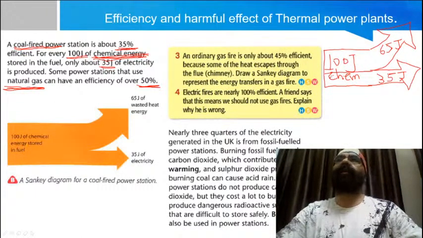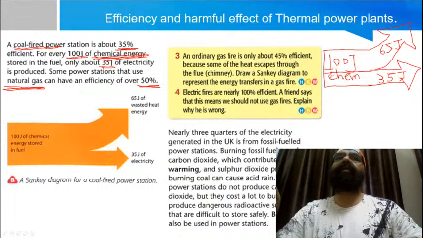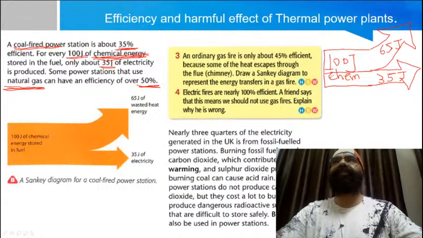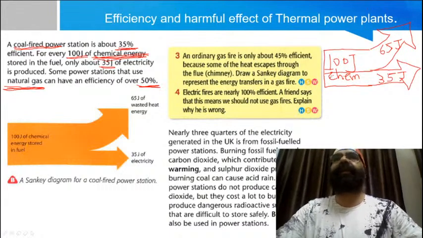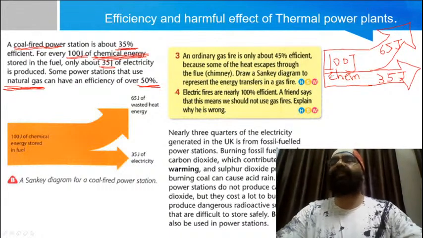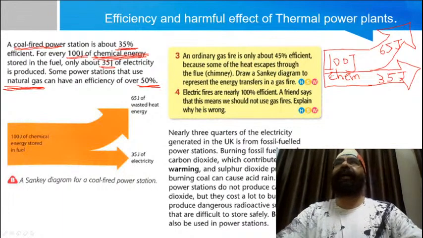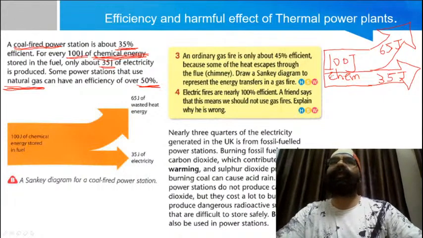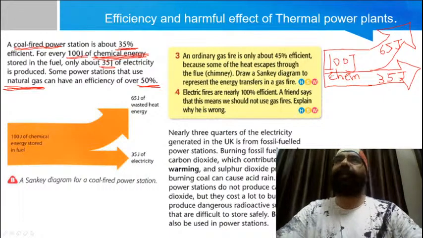We have understood that coal fired power stations are not very efficient. They are only 35% efficient, which means, like you said, 65% of the energy is wasted. So what is the energy transformation which is taking place in a coal-fired power station? The energy transformation is from chemical energy to electrical energy.